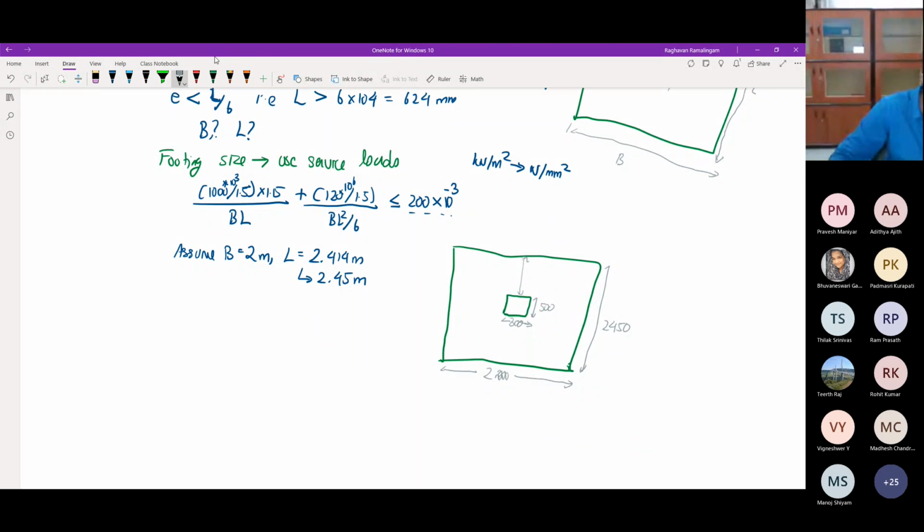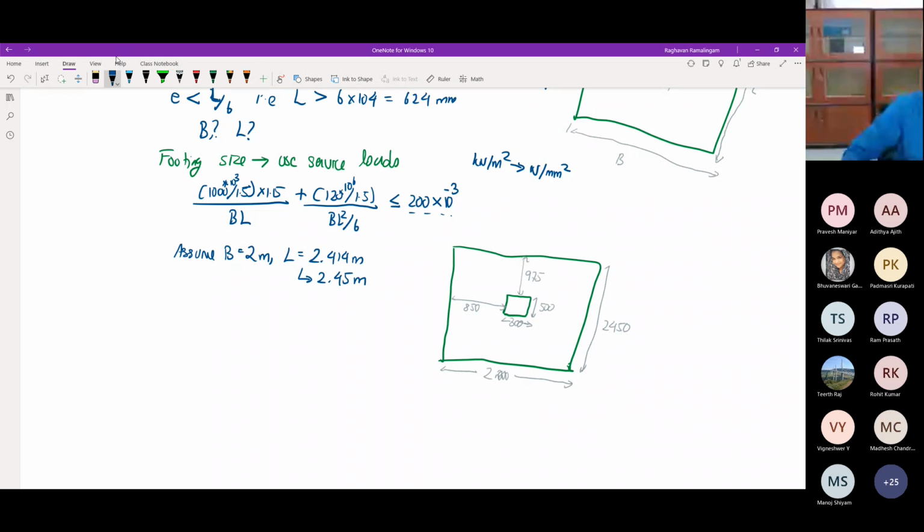So that comes as 975. And similarly on this side it is 2000 by 2 minus 300 by 2, which is 850. So these projections also are important to know. Okay. So these projections are also known.